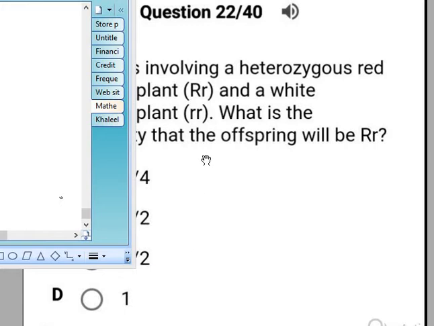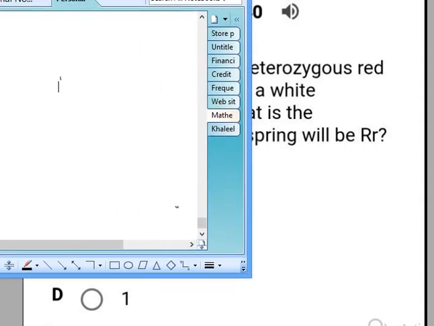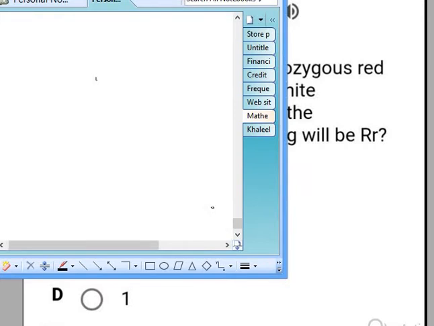All we need to do is take our parameters, which are capital R small r and small r small r. We have two options: we can draw a table. The parameters given are capital R, small r, and the other parameter is small r and small r. So all we need to do is draw a table, a simple procedure.